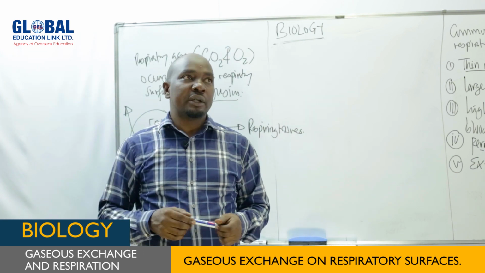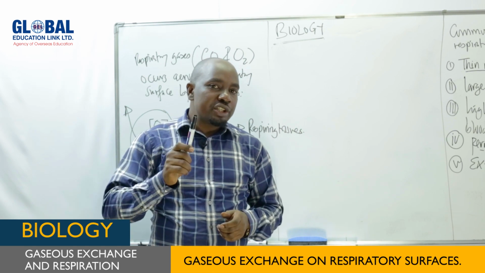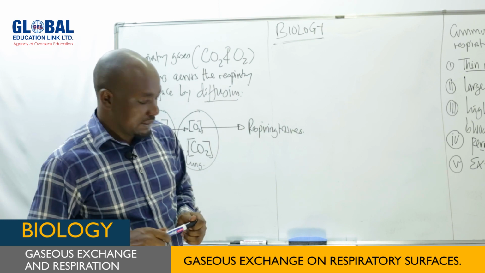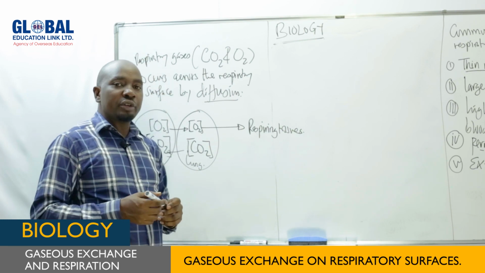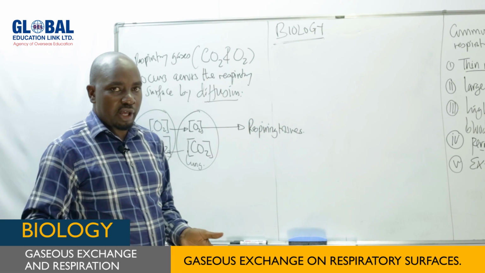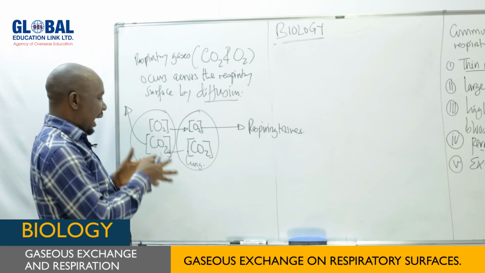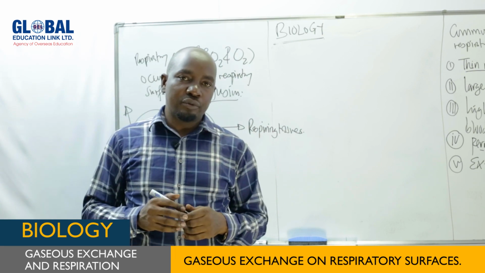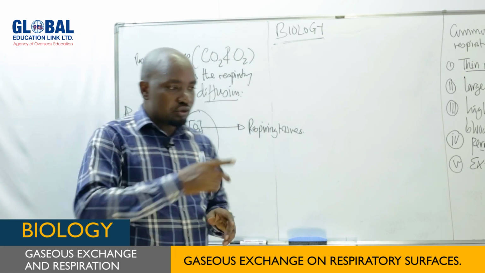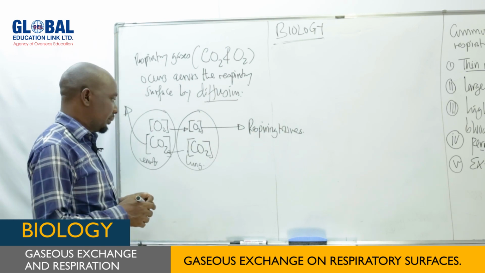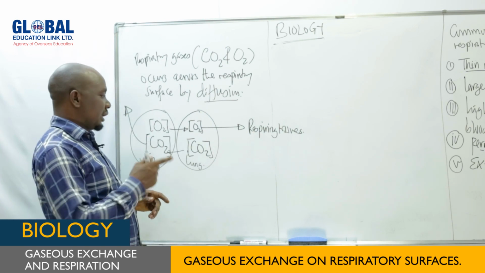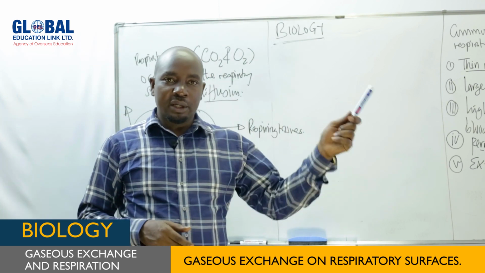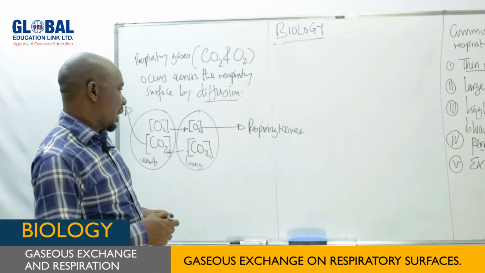Simply, the blood reaching the lungs, or reaching the pulmonary capillaries, contains a large amount of carbon dioxide, and the alveolar sacs contain a large amount of oxygen. So oxygen will diffuse into the pulmonary capillary, and carbon dioxide will diffuse out of the blood capillary into the alveolar sac, then taken out.